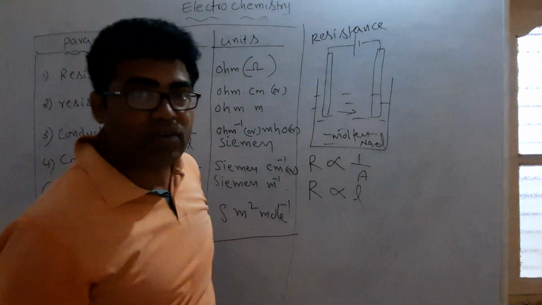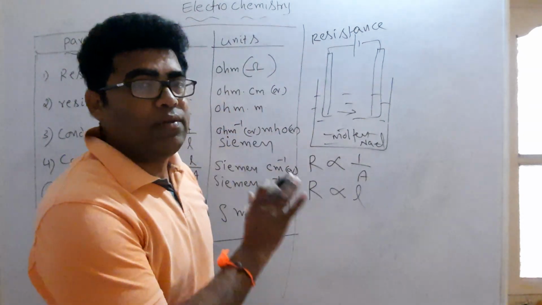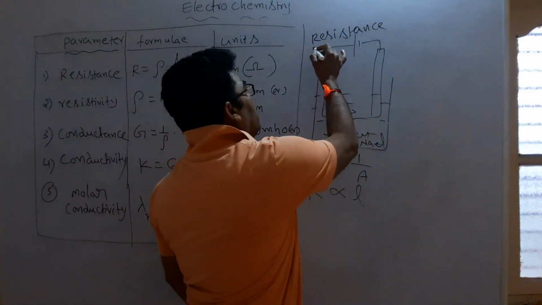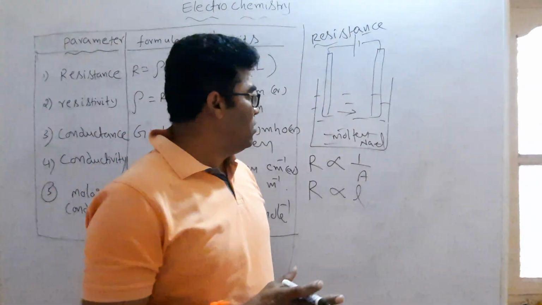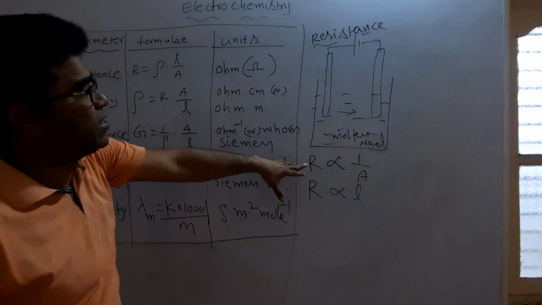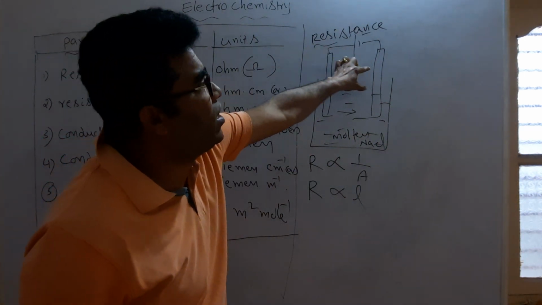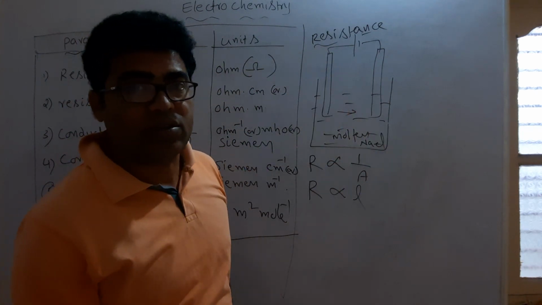What you learn in physics is okay, but here in electrochemistry we observe the resistance in the electrolytic cell. The resistance is inversely proportional to the area of the electrodes and directly proportional to the length between the electrodes.